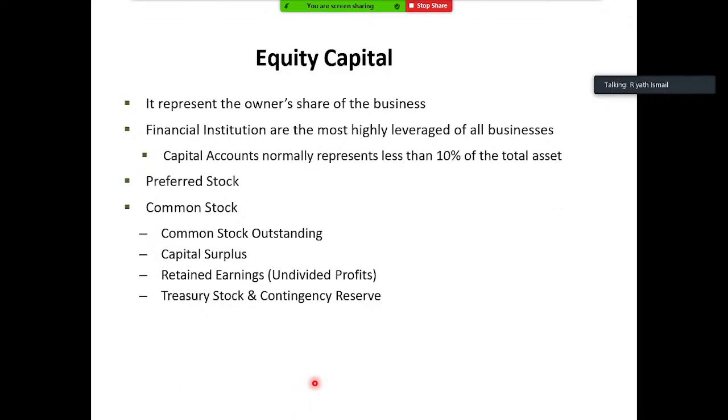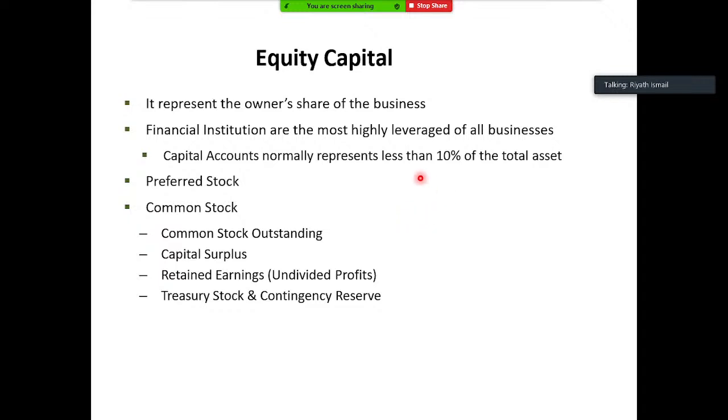Equity capital. Here it represents the owner's share of the business. Financial institutions are the most highly leveraged of all businesses. Capital accounts normally represent less than 10% of total assets.